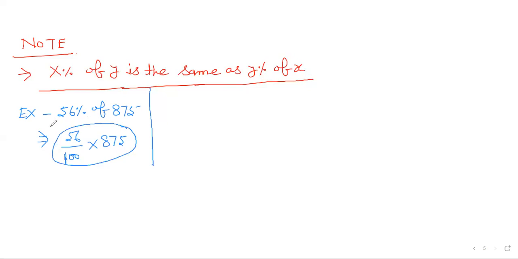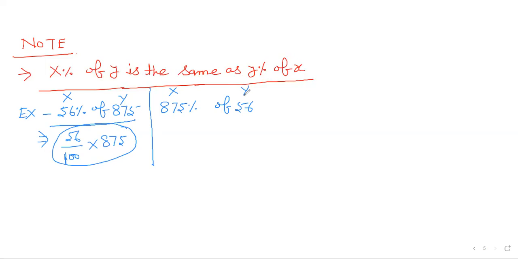So just write this with the help of this sentence, like 75% of 56. Any problem? No problem. Because if it is x and if it is y, then I'm just reversing it. Now 875 is x and 56 is y.